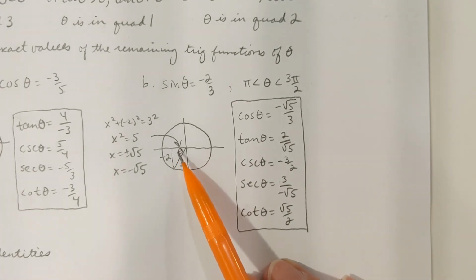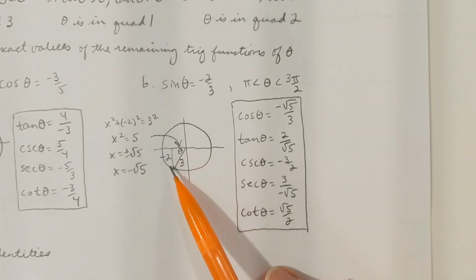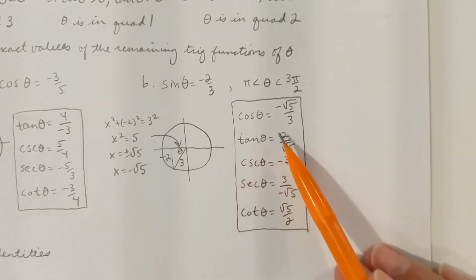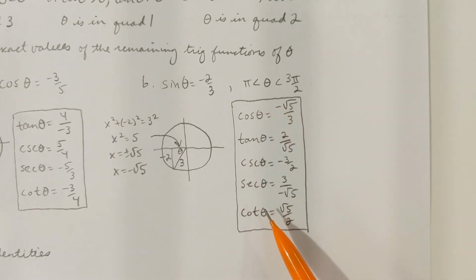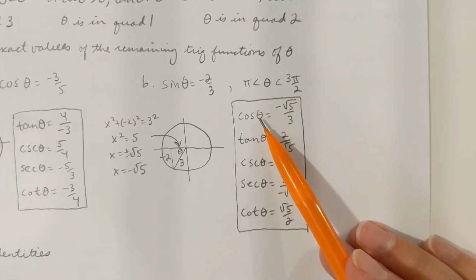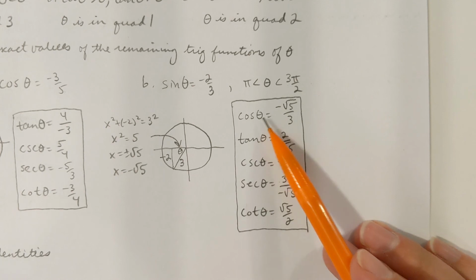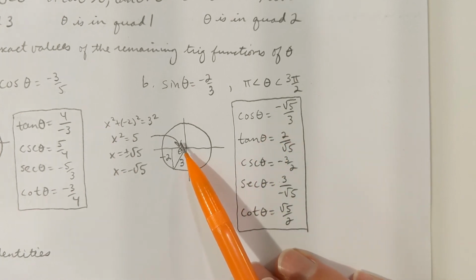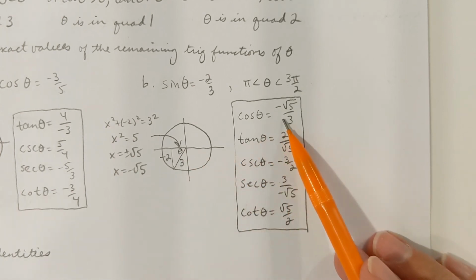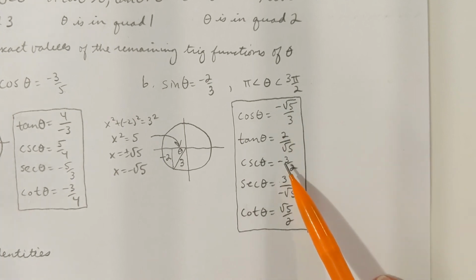Again, this is not one of my common angles. That's okay. I've still got my triangle built here, and so I can compute the rest of these 5 trig functions. Cosine theta is adjacent over hypotenuse. The adjacent side is negative root 5. The hypotenuse is 3. Negative root 5 over 3 would be the answer there.